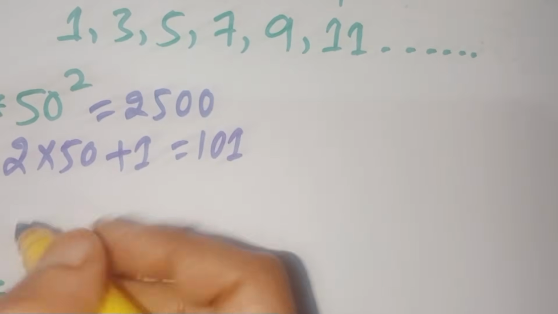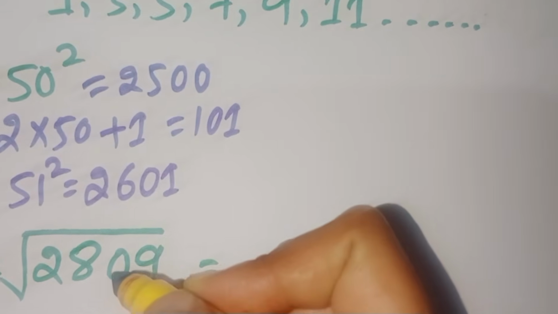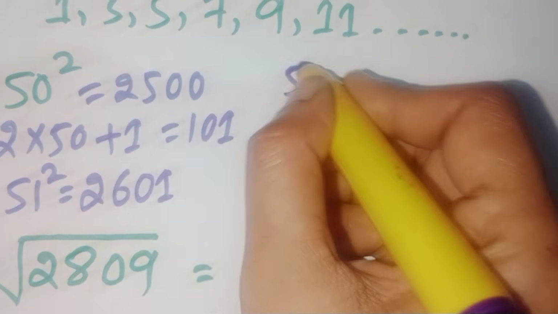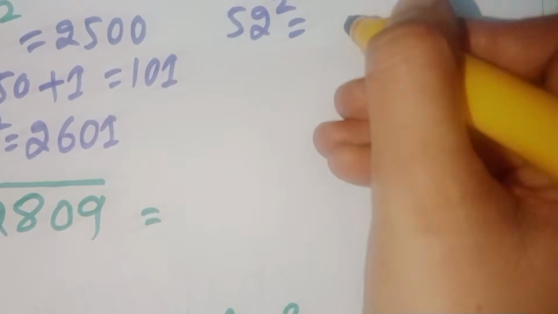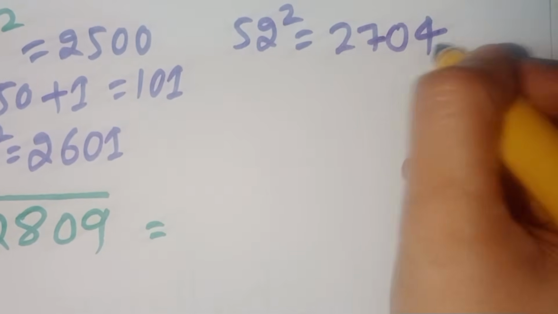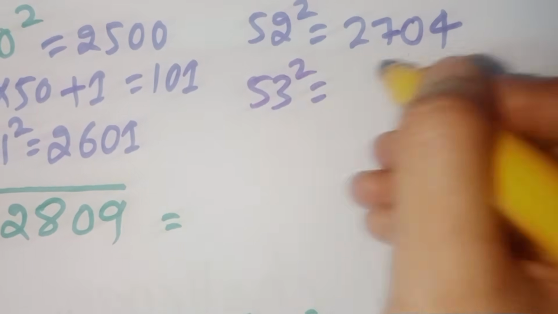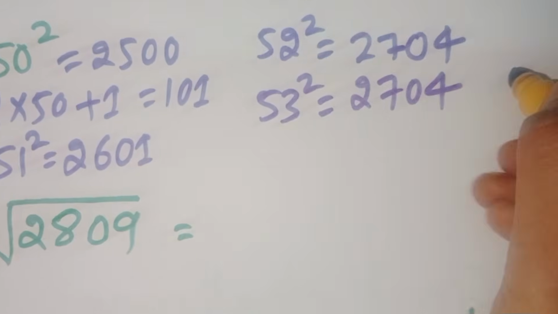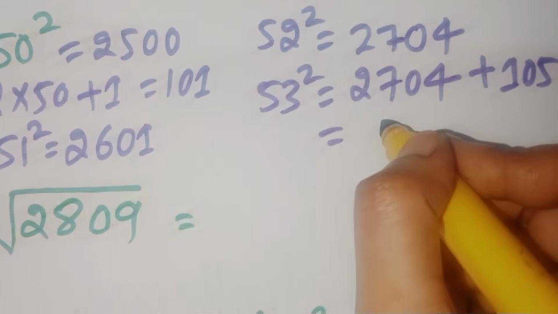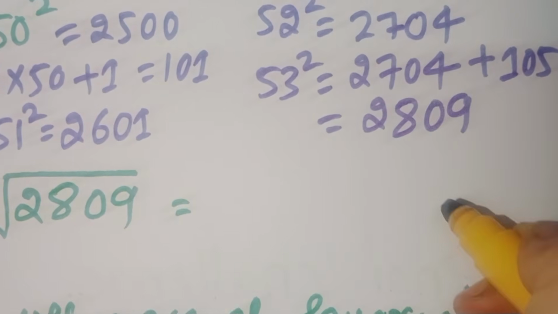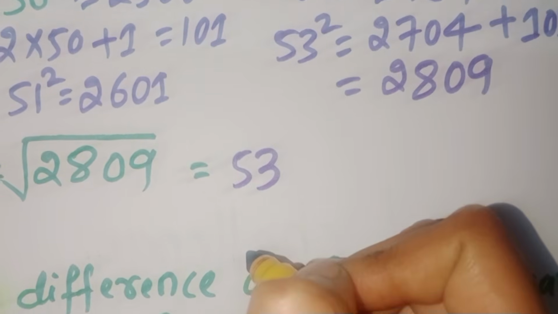So 51 square is 2601. 52 square is 2704. 53 square is 2704 plus 105. That is 2809. Square root of 2809 is 53.